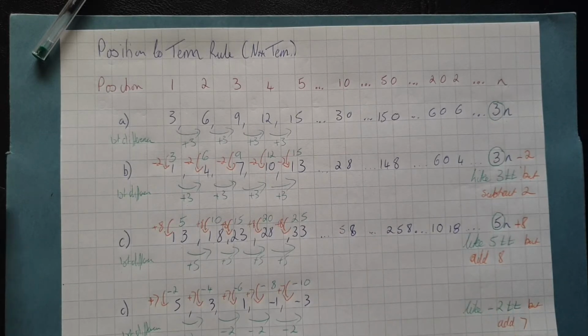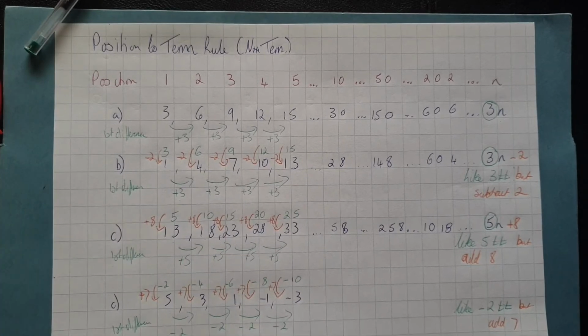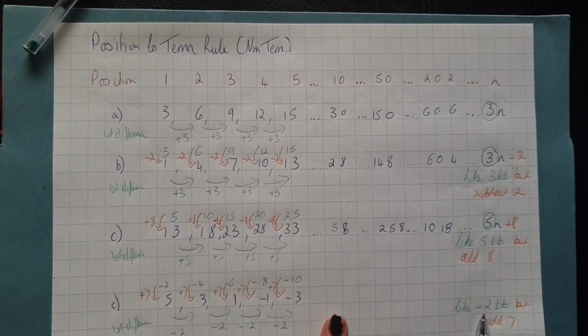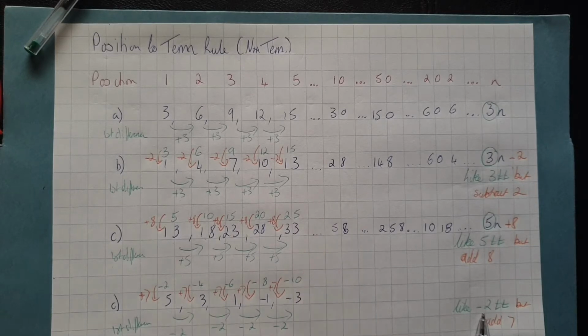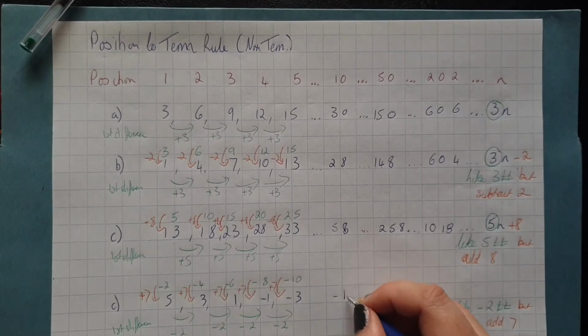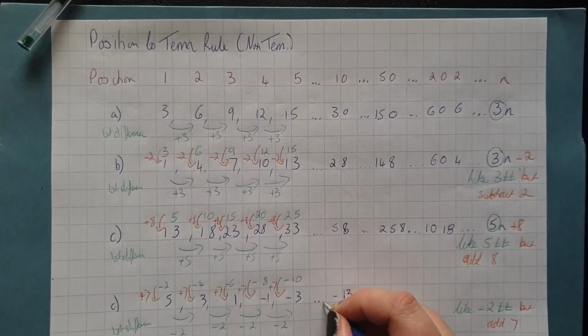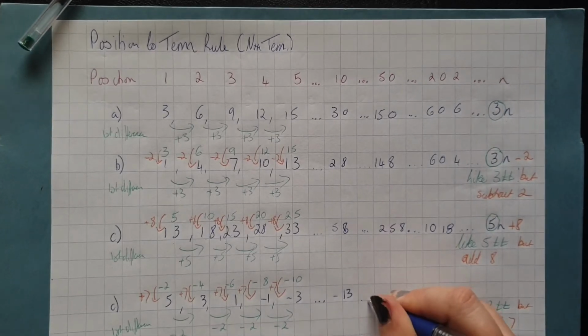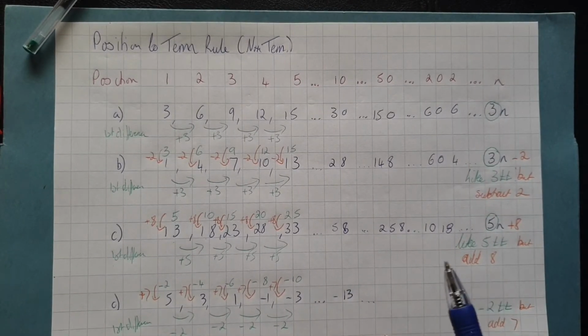Okay, we've got it in words. Let's work this out. Negative 2 times 10 is negative 20. Adding 7 is negative 13. Negative 2 times 50 is negative 100.